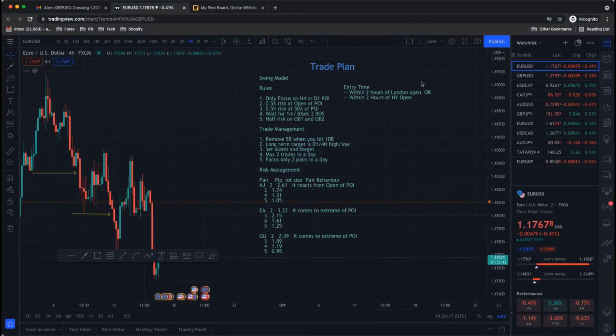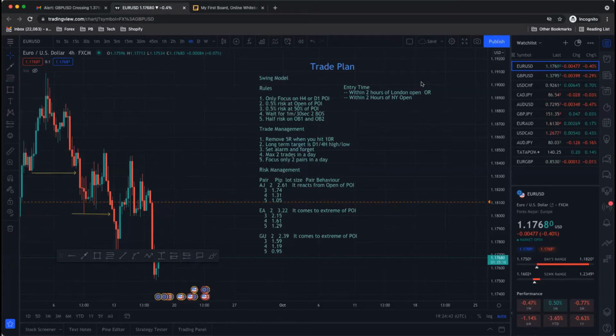Today I'll be talking about the swing model, which I think you should focus on first before you jump into the intraday or the scalp, because it's less stressful and more rewarding. We'll talk about the other two models later on, but just focus on the swing model for now.